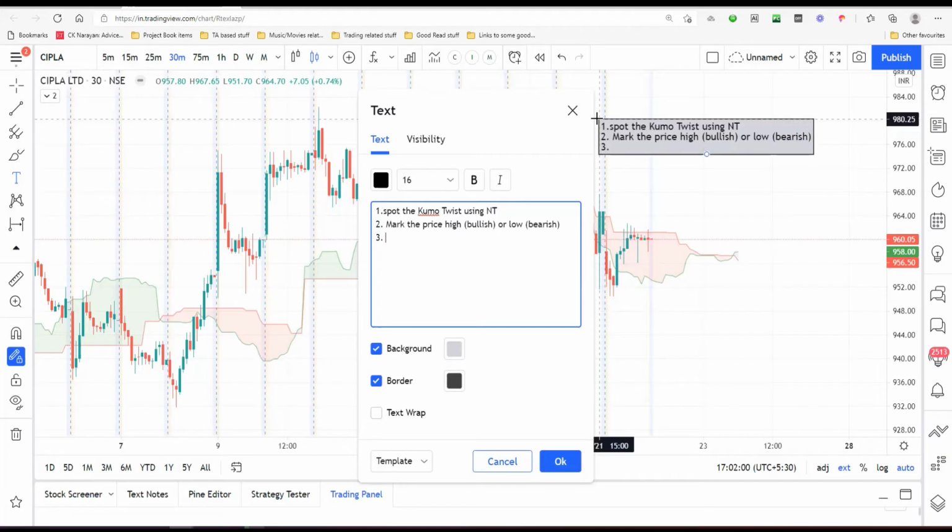In the next 1 or 2 bars or candles as they follow, if prices go above the marked price for bull, or below for bear, take a trade.